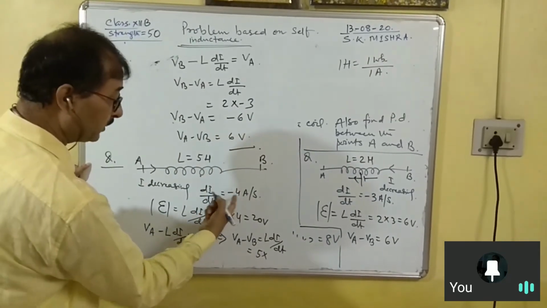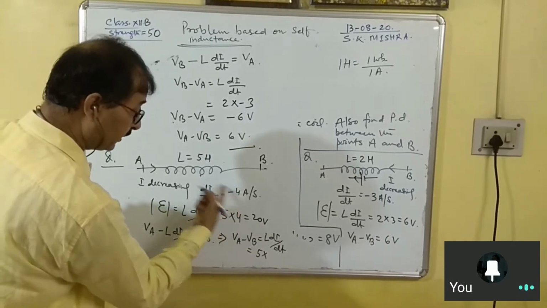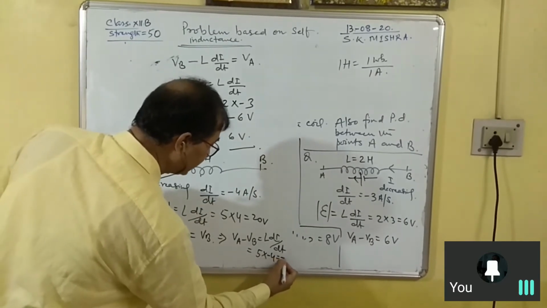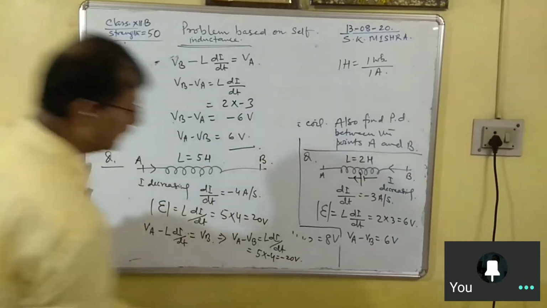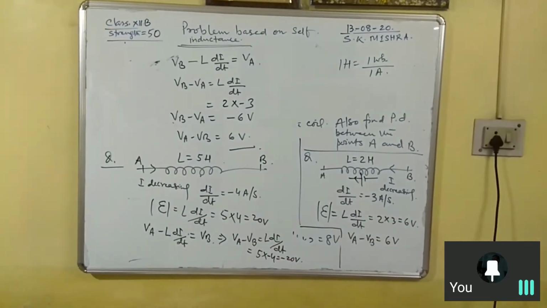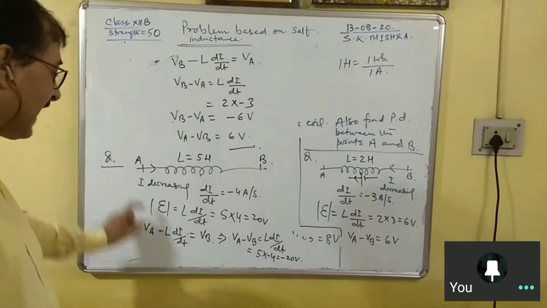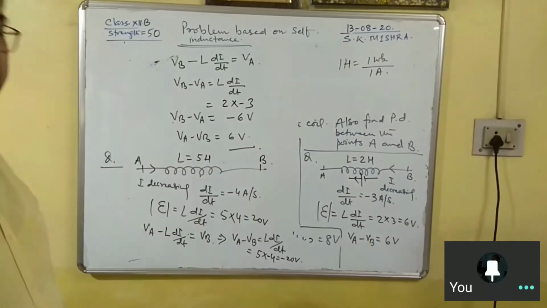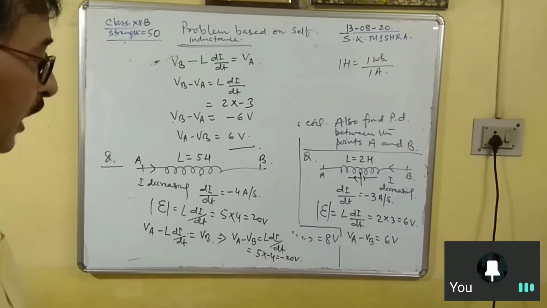Minus 4. Then you have to consider the sign of di by dt. It is minus 4, so now it is minus 20 volt. So now there is a little difference between the induced EMF and the potential difference. The potential difference between the points A and B, that is VA minus VB, is now minus 20 volt.